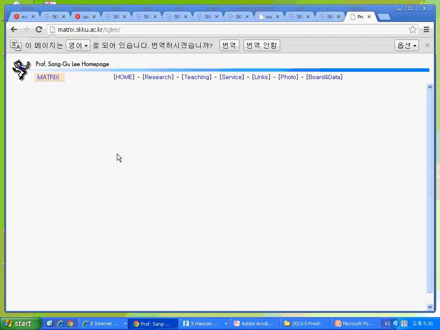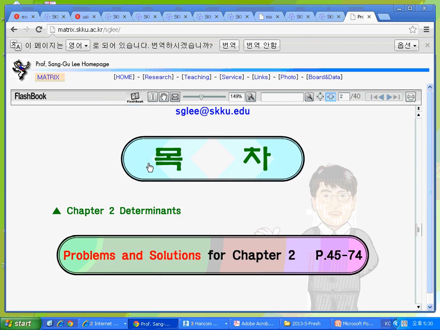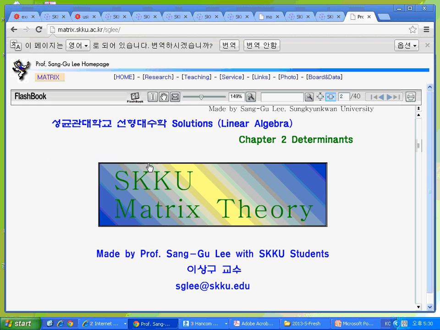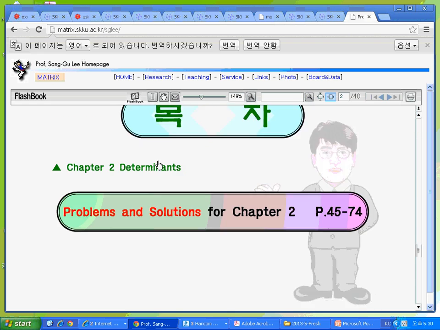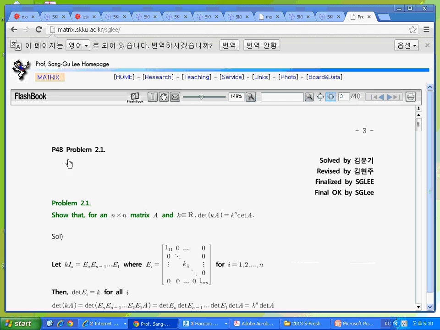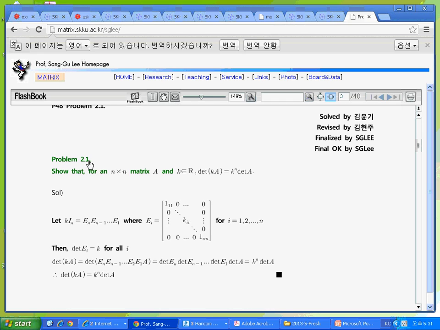For example, if you solve a problem in chapter 1, make a page number here, exercise 1.2 and number 3, for example, the problem. Then write solved by your name and problem number and your solutions like this. Then upload it. That's all you have to do.